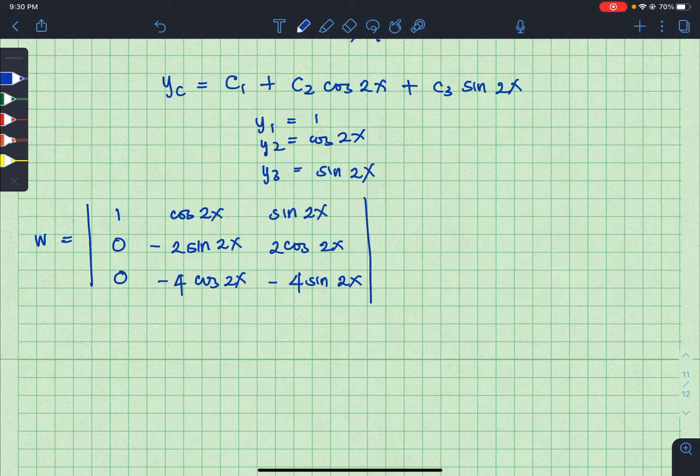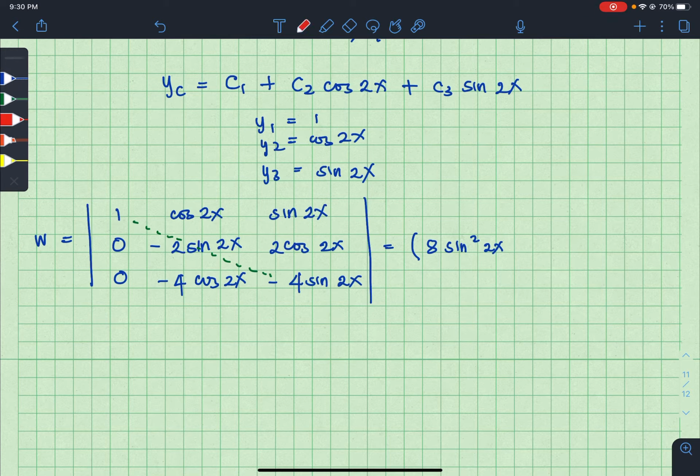And then we could have our W. This is our first term: that is 1, negative 2 times negative 2, that is positive 8, then sine 2x times sine 2x is sine squared 2x.